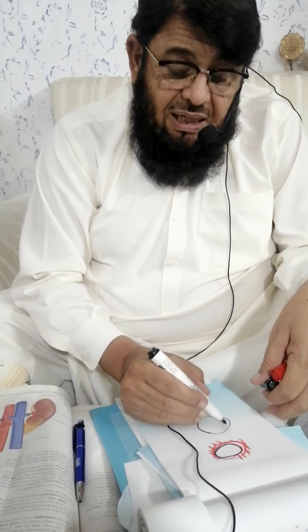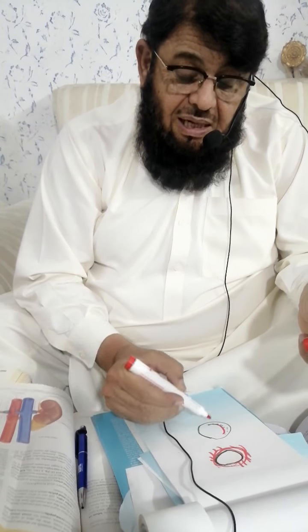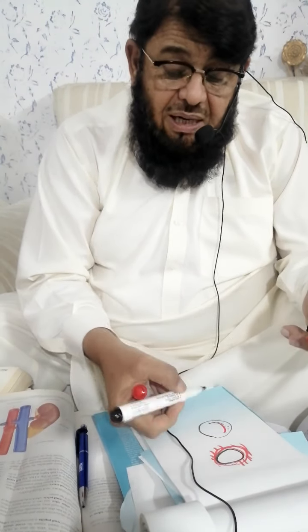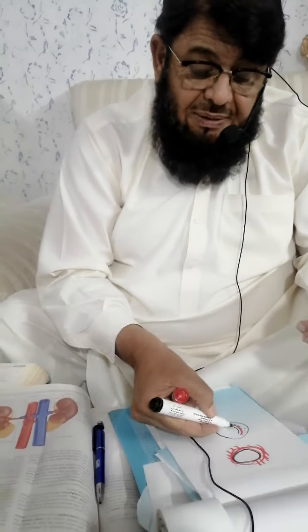And note, the muscles from which the ureter is made are said to be arranged in three layers: outer circular, then longitudinal, then inner circular. And then the innermost is lined by mucous membrane.